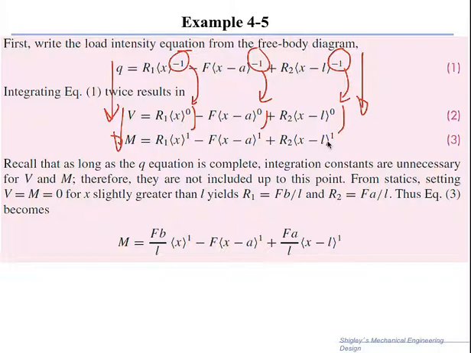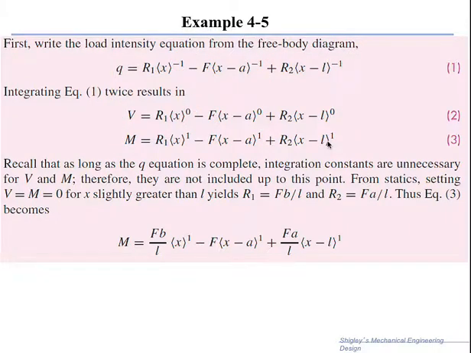So at this point, we have an equation for the moment. As you can see here, it's an equation that has basically three terms. One is related to the reaction on the left side, one term on the right side, and one term that is composed of the force going downward.